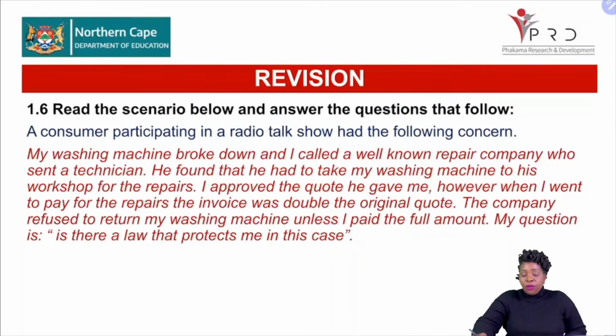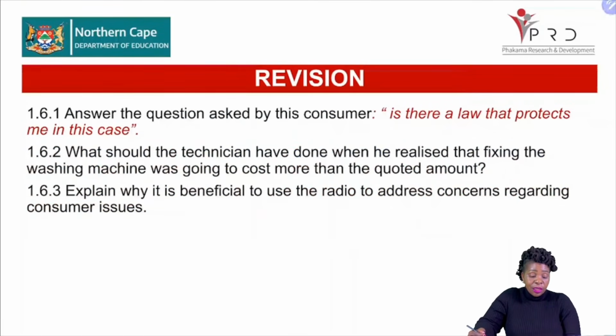Right, let's move on to the questions. 1.6.1 says, answer the question asked by this consumer. So the question was, is there a law that protects me in this case? And question 1.6.2 says, what should the technician have done when he realized that fixing the washing machine was going to cost more than the quoted amount?